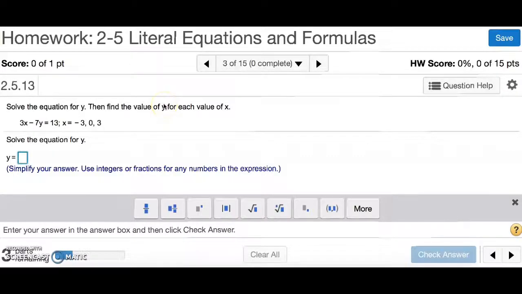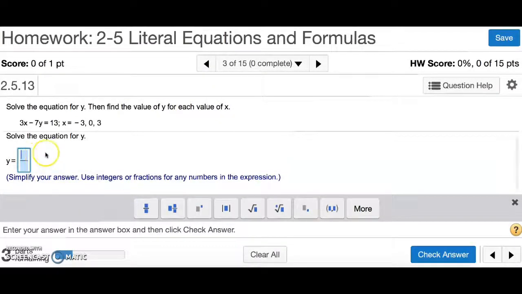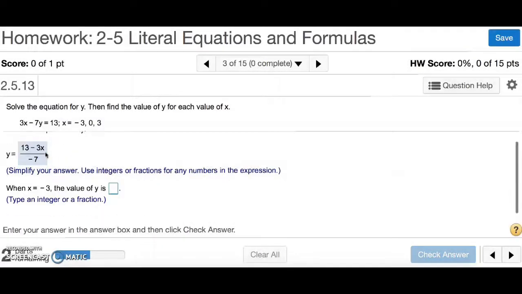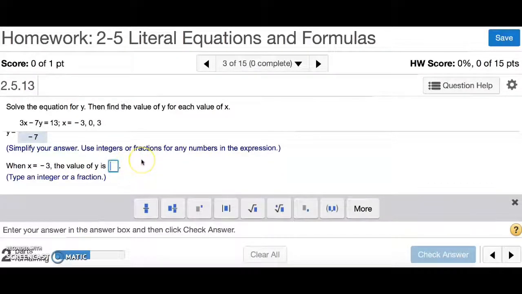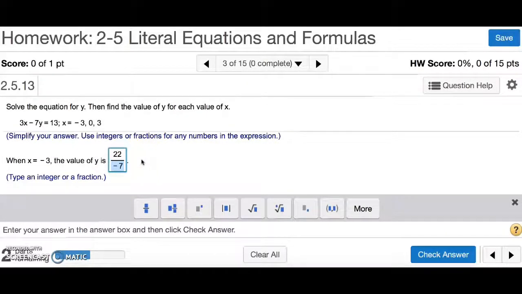So now I'm going to show you how to type all of that in. So it's a fraction. So you have (13 minus 3x) over -7 for my equation. Now when it says when x equals -3, the value of y is, that's what we got when we substituted in -3. That was 22 over -7.